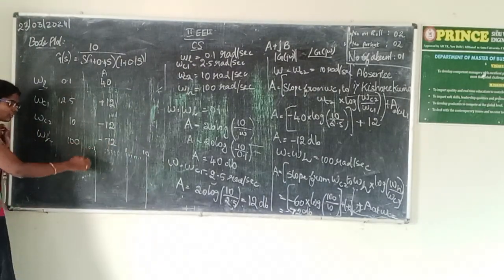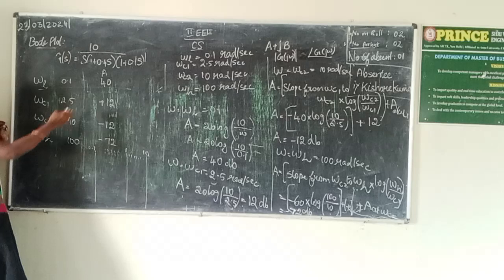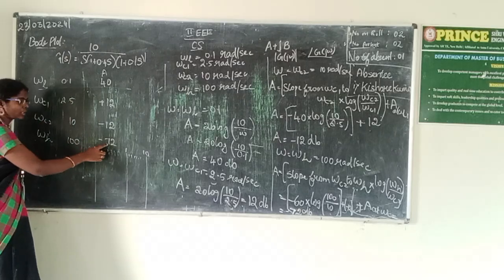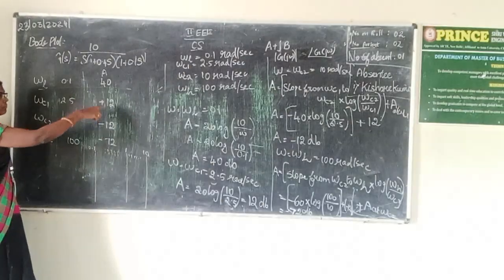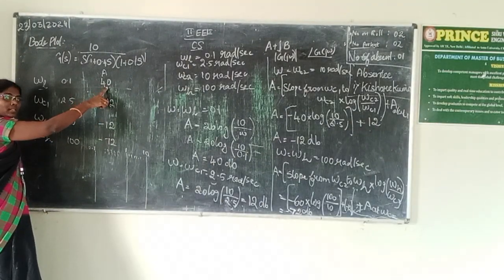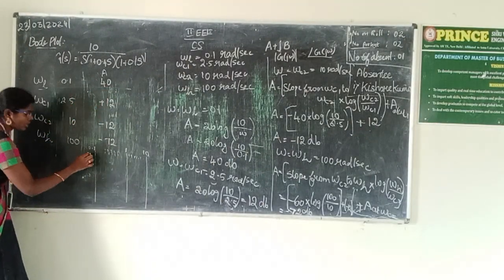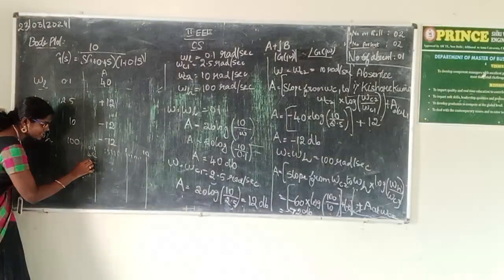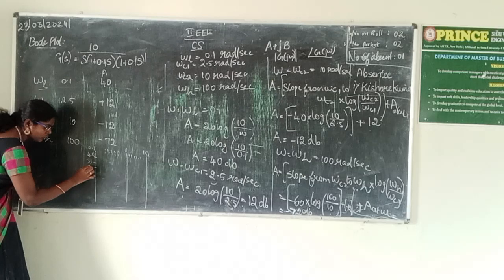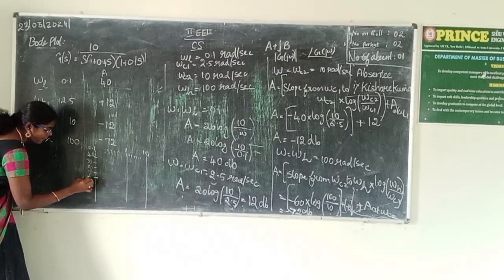And on the left hand side we will be marking the value of magnitude. Okay, what maximum magnitude have we got here? 72. And the maximum we get is plus 40. So start from here, plus 40. The next line take it as 30. Next line 20. Next line 10. Next line 0.